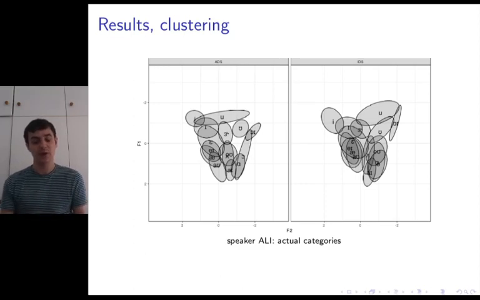So this is what the input data for the clustering models, the k-means models, looked like. On the left here is adult-directed speech, and then with greater overlap on the right is infant-directed speech. We see the 15 vowels that were considered, and cases of overlap between them.